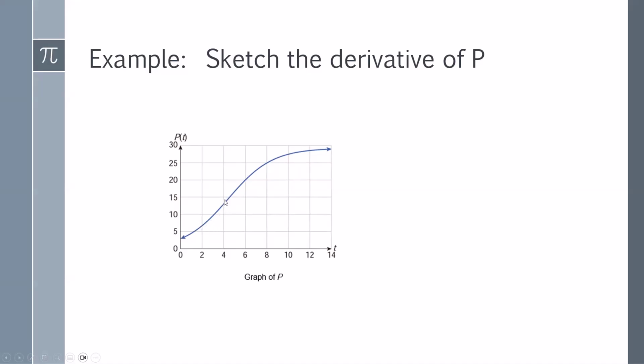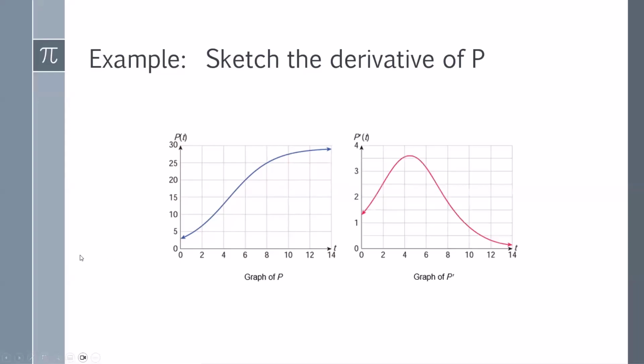And then as it gets up here, sort of the same, and then it's getting a little bit less here. So it's not very slopey, and then it gets quite slopey, and then it starts to back off and get less slopey here. So the derivative is going to look something like this.